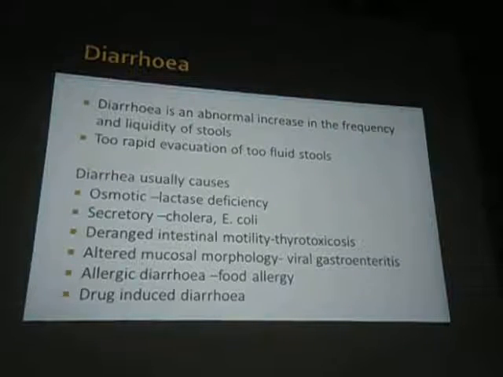Secretory diarrhea, where too much water is there, you can get in cholera, E. coli. In cholera they get rice water like stools. Deranged intestinal motility may be in cases of thyrotoxicosis, altered mucosal morphology in viral gastroenteritis. Allergic diarrhea may be food allergy, food poisoning, all these things can be there.